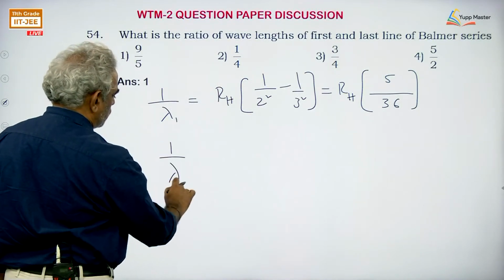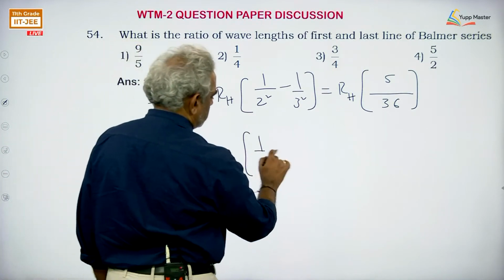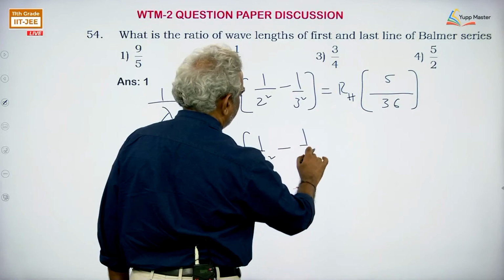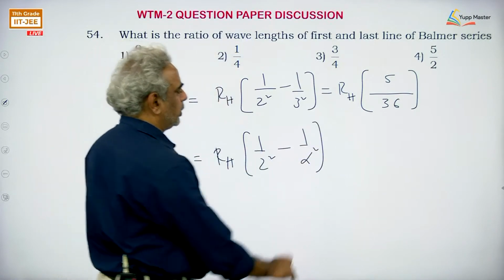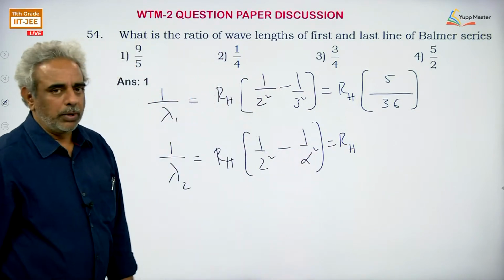1 by lambda 2 is RH into 2 square, as the lower level is the same. The higher level is infinity, so you are going to get RH into 0 into 1 by 4.